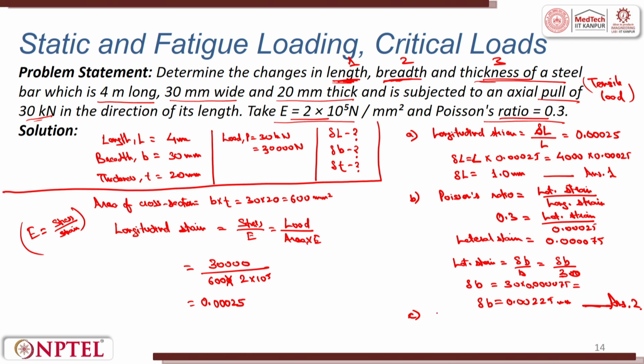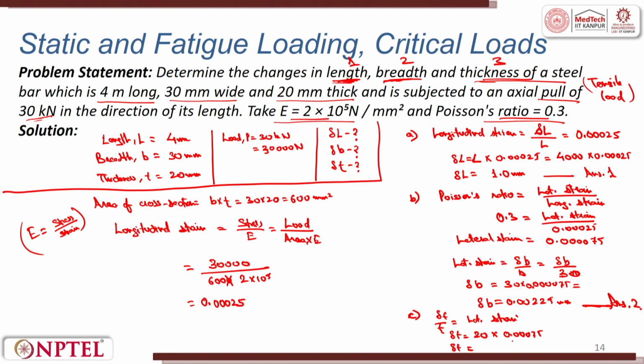Similarly, we know change in thickness per unit thickness is our lateral strain, right? Which means change in thickness is equal to thickness into lateral strain. Thickness value is 20 mm into lateral strain value 0.00075. This gives me change in thickness value as 20 into this.